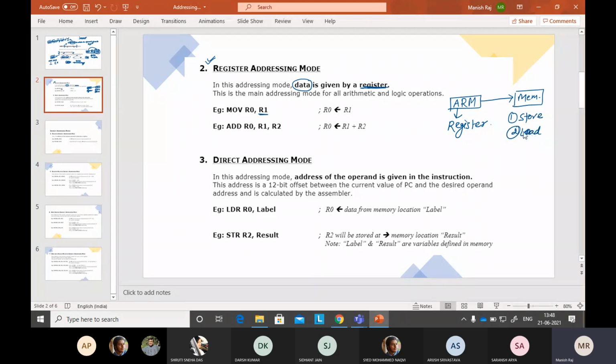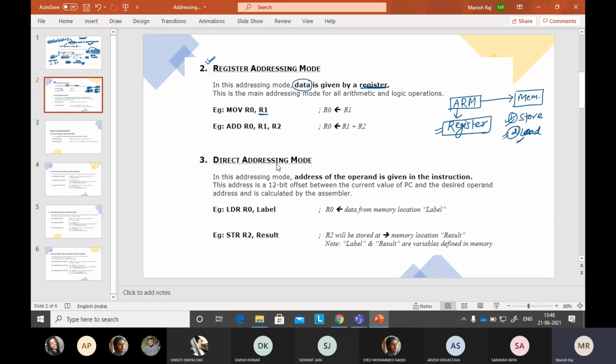Otherwise you work with the registers in the ARM. You can use the memory for store and load purposes only.